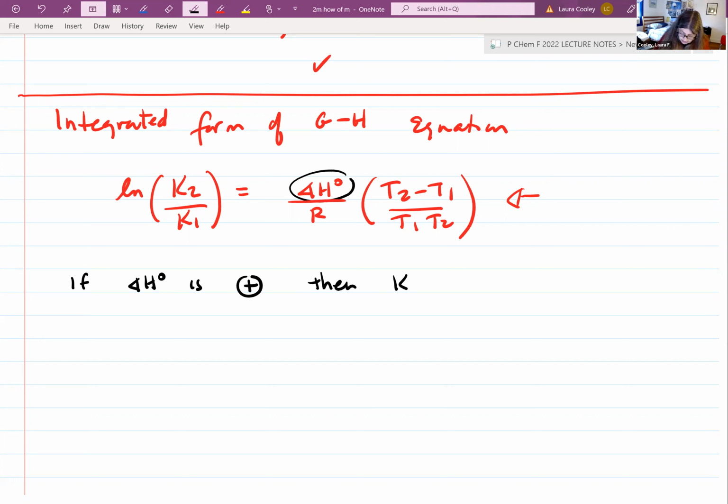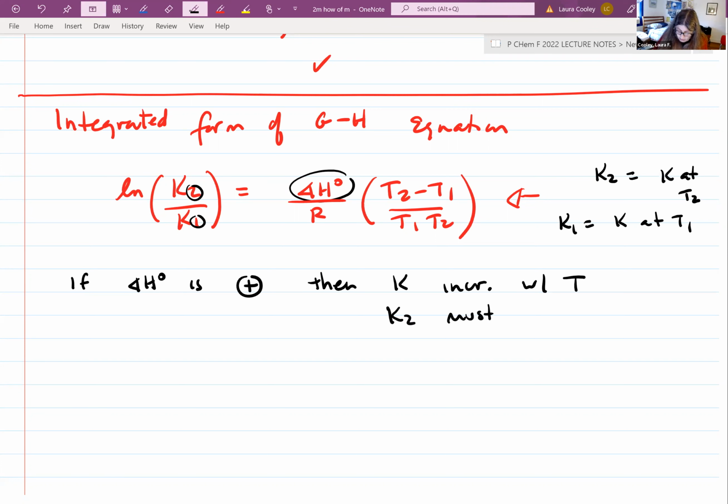So what are K2 and K1? I should explain that K2 is K at T2, and K1 is K at T1. If delta H is positive, then K increases with temperature, so K2 must be greater than K1.